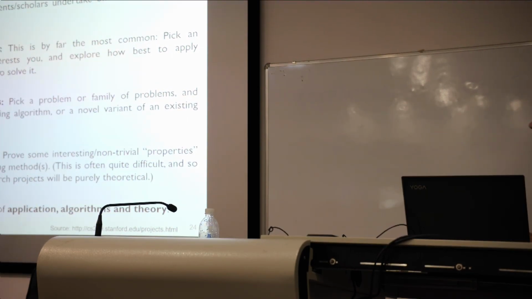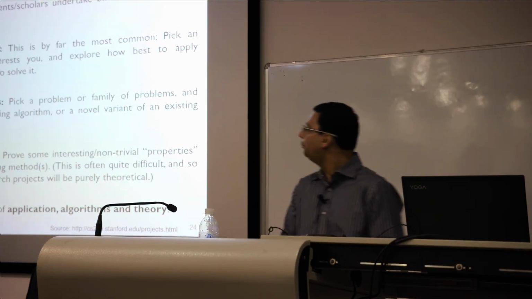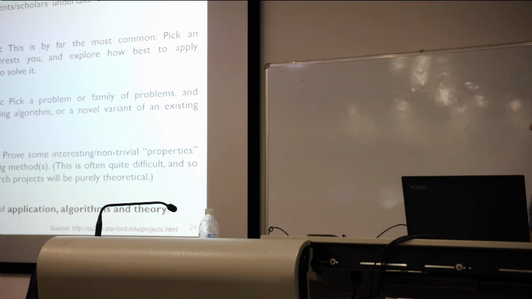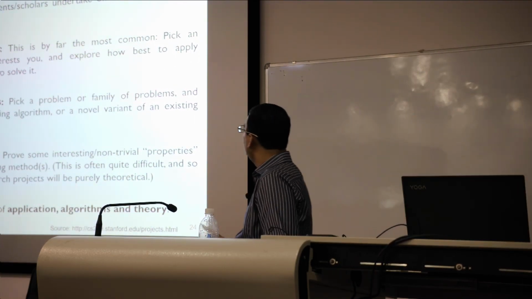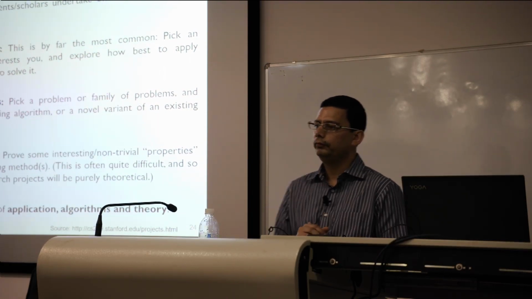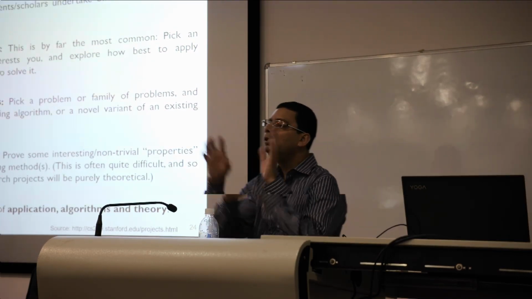Okay. Second is the algorithmic thesis, nowadays becoming popular. Pick a problem or a family of problems and then develop new methods, new algorithms, or a novel method to solve the problem. You might address one single concrete problem, or you might address a family of problems.